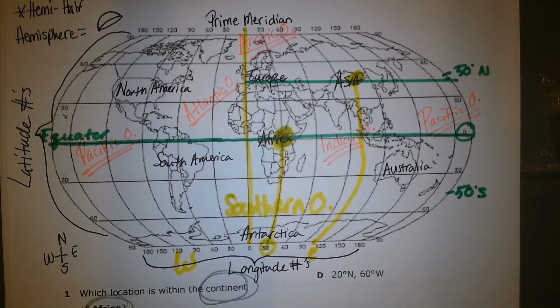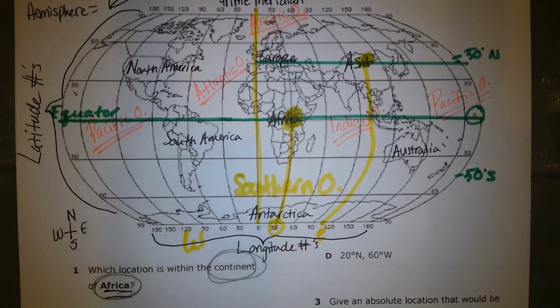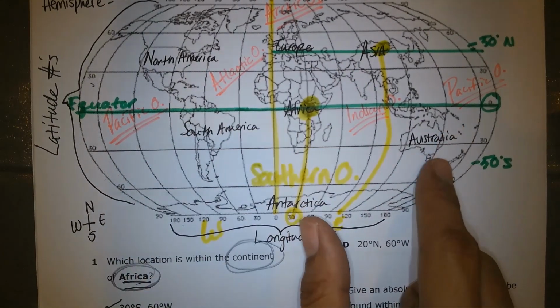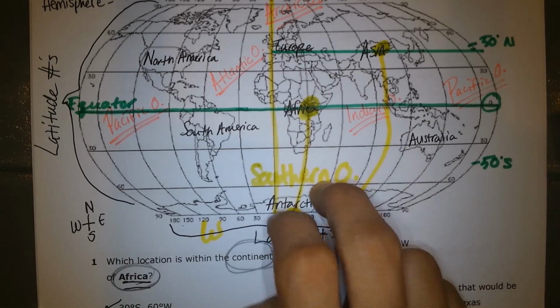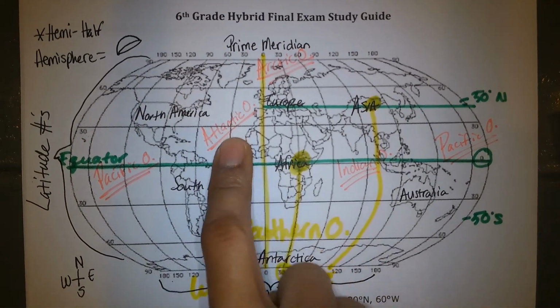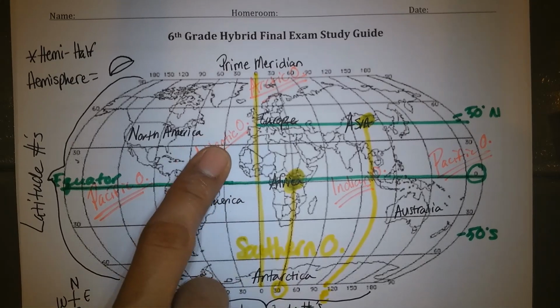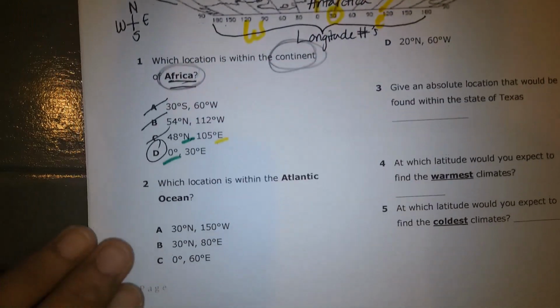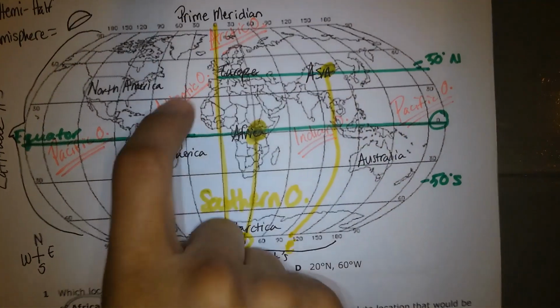All right, so again, we're looking at the question, which location is within the Atlantic Ocean? We just finished labeling the 4 oceans of the world, as well as the 5th, Southern Ocean. But it's asking about the Atlantic, and so we see it's here. I'm going to draw some coordinates right there and see what I get, and then see if my answer matches the answers here. I want you to do the same process I taught you earlier.